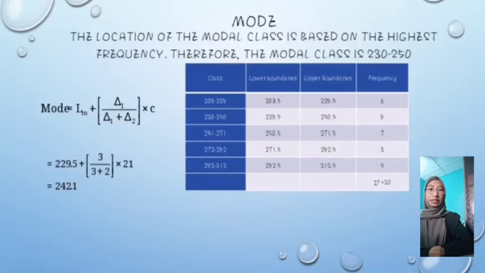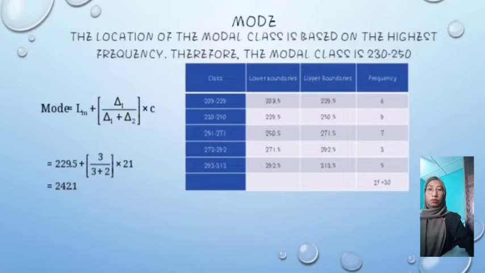The mode is the location of the modal class, which is based on the highest frequency. Therefore, the modal class is 230 until 250. For the mode, the formula is the lower class boundary of the modal class plus the difference between the frequency of the modal class and the frequency of the class before the modal class, divided by the difference between the frequency of the modal class and the frequency of the class before it, plus the difference between the frequency of the modal class and the frequency of the class after it.